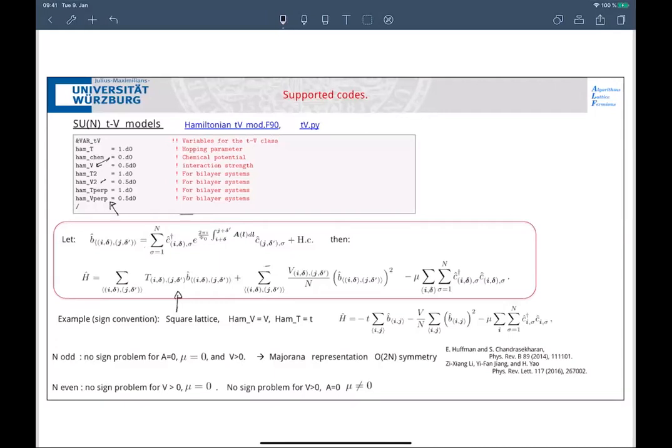And you really have to take the same hopping here and here. Otherwise, you have problems with gauge invariance, right? If you put an A here, you have to put the same A here. Otherwise, your thing doesn't become gauge invariant. And we made the mistake, and you get crazy results. So be careful. This is something squared. This is summed over all the N's. So to get a balance between this term and this term, so as not to get one term completely dominating, you have to divide your V by N.